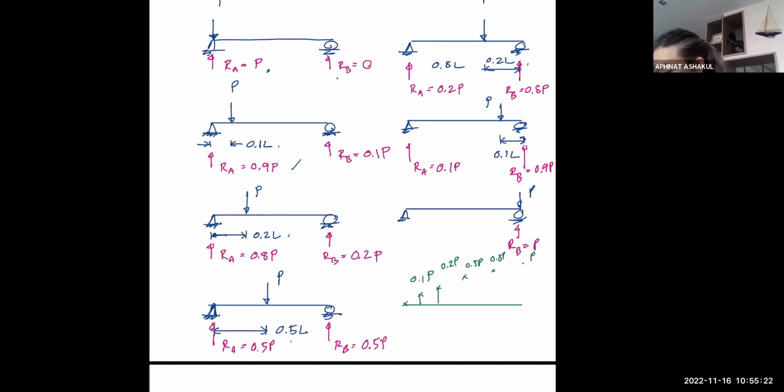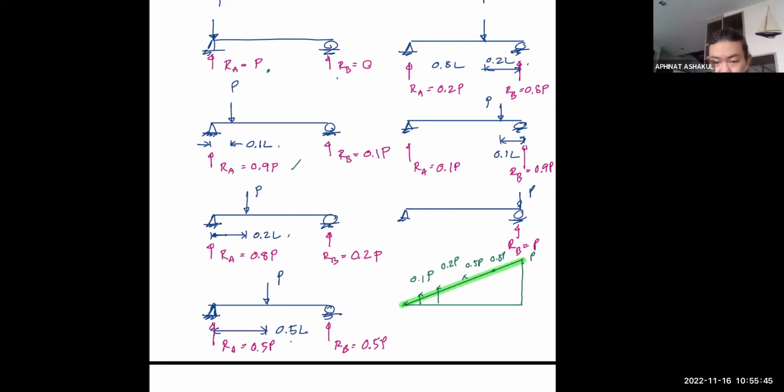And this line looks a little bit ugly, but when we connect that, this again becomes the line that demonstrates the magnitude of RB when this load P is at each location on the beam.